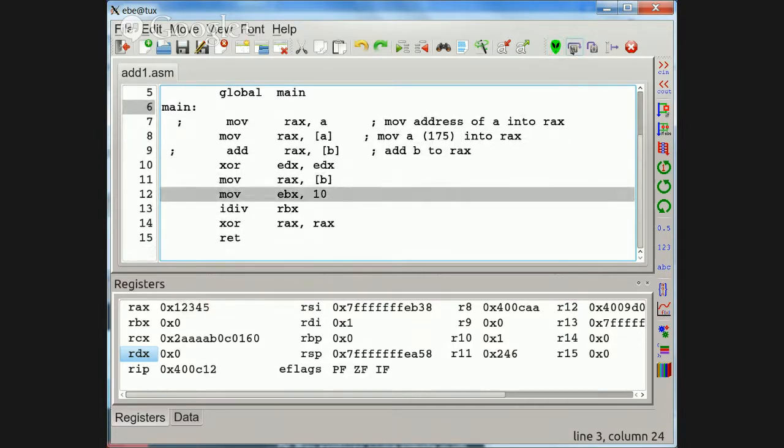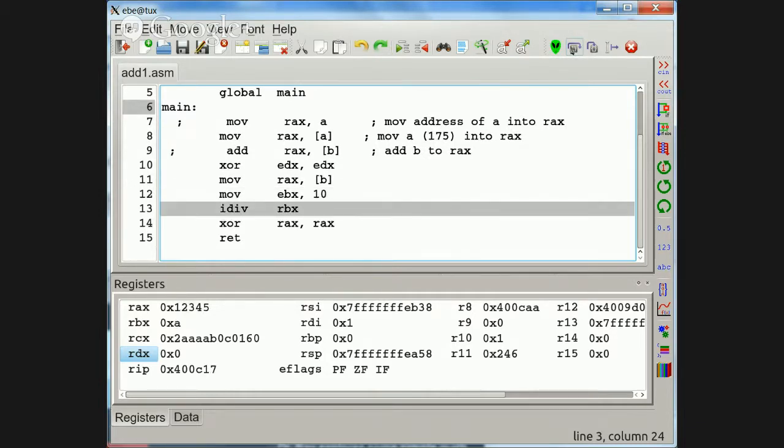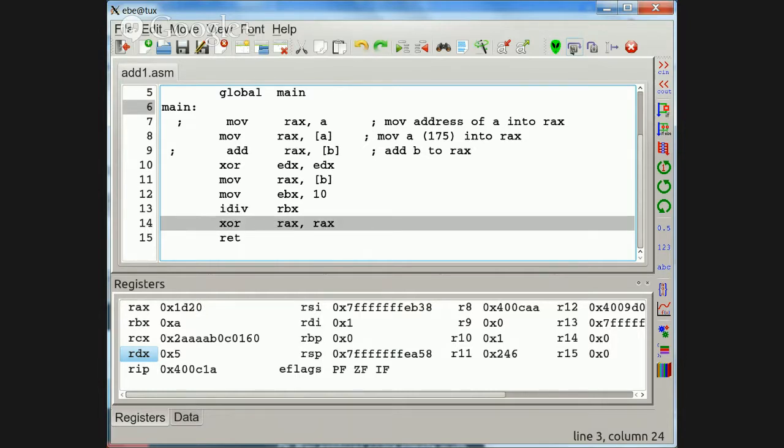All right, so we're going to divide that big number 1, 2, 3, 4, 5 hex by 10, and we get 1D20 for the low order half of the result, and we get, is that the high order part of the result, or is it just a 5 that's been hanging around?